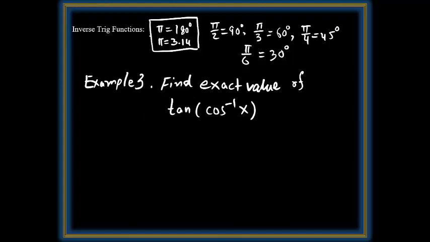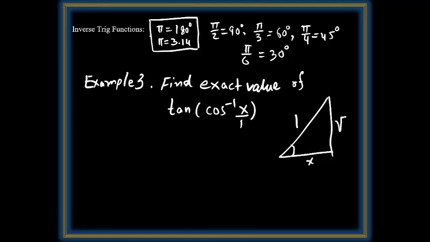Example 3, we need to find the exact value of tangent cosine inverse x. I will apply a simple concept from SOHCAHTOA. I'm taking a right triangle, and since I have cosine inverse x, I'm assuming x over 1, and you know that cosine is adjacent over hypotenuse. So adjacent is x, hypotenuse is 1.